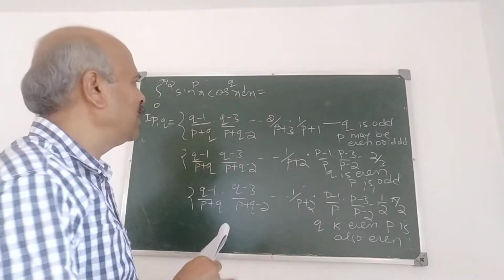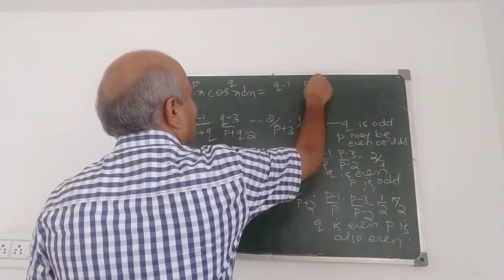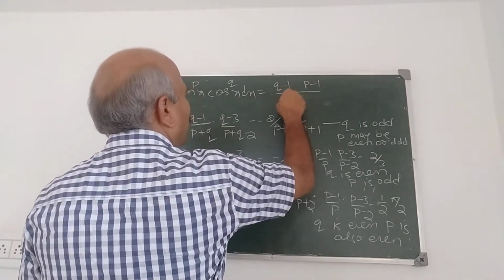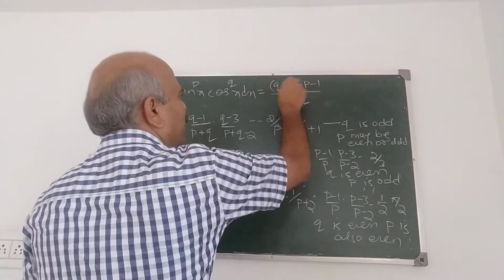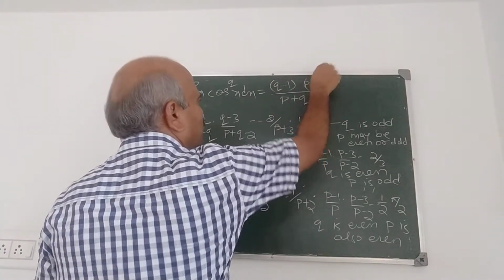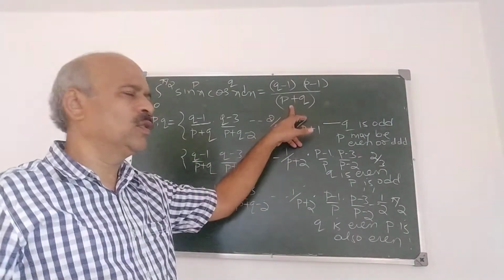Three factors are there. One starts from q minus 1, second starts from p minus 1, and the denominator starts from p plus q.